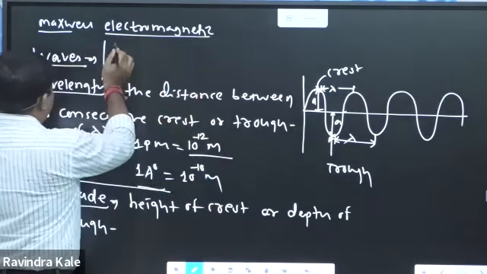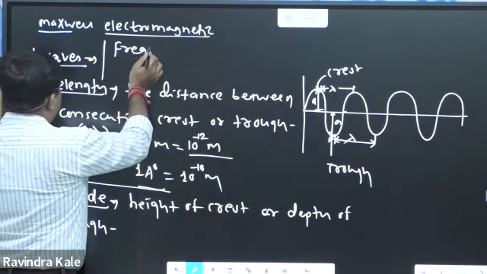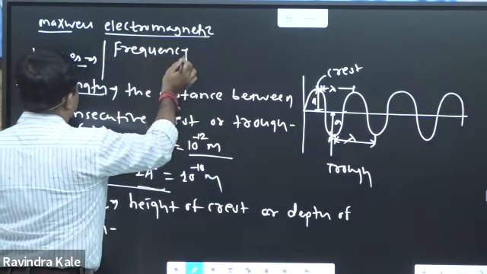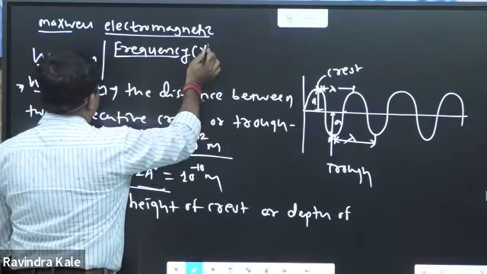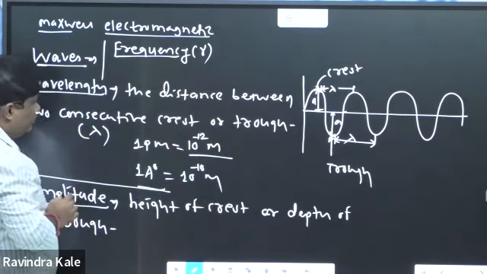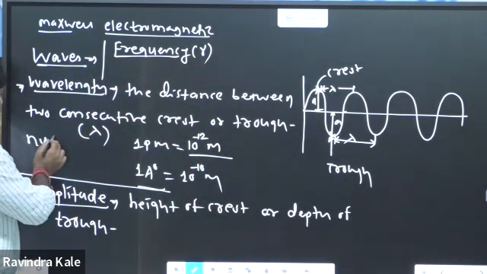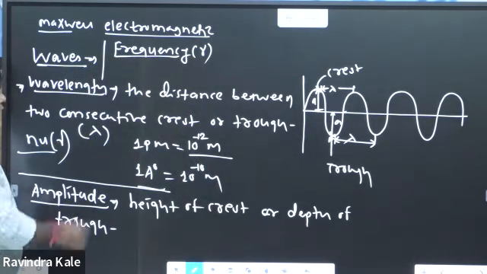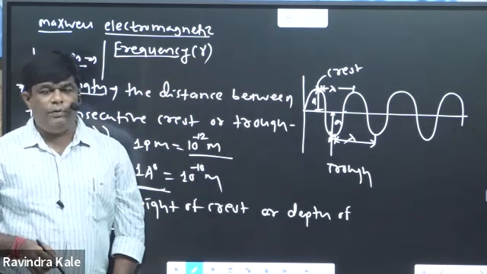इथे लिहितो मी frequency. Frequency is represented by nu, not mu. Nu. This is the nu असं दाखवतात. Frequency is nu. What is the frequency?